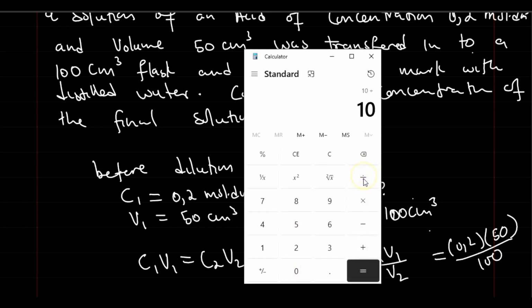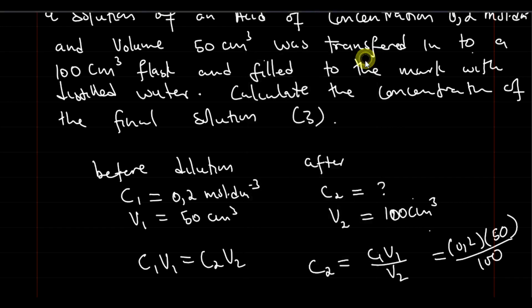So now 10 divided by 100, how much? 0.1. You see? So the answer now is 0.1 mole per dm cube.